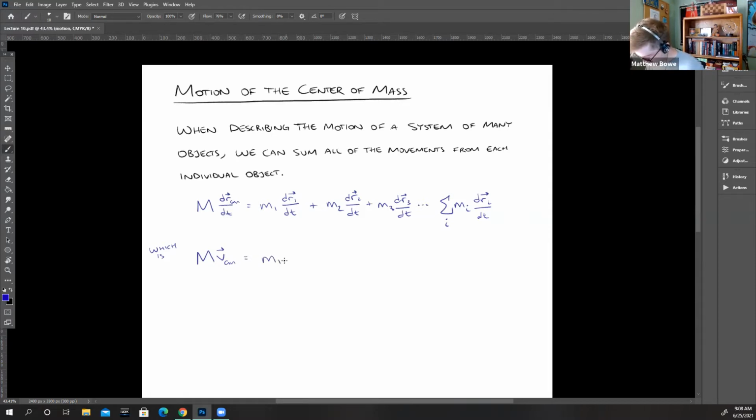It's just the first object's velocity, second object's velocity, plus the third object's velocity, mass times velocity. That is just the summation of however many things I'm adding.